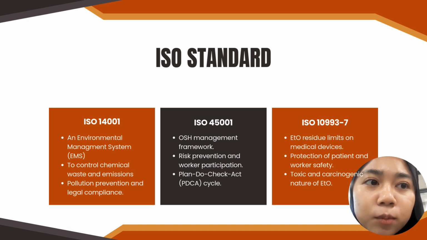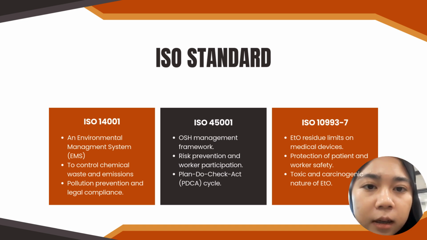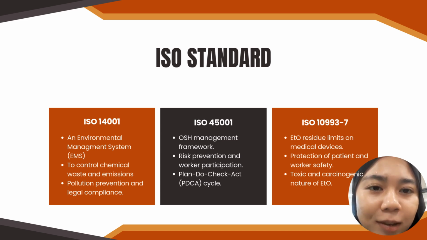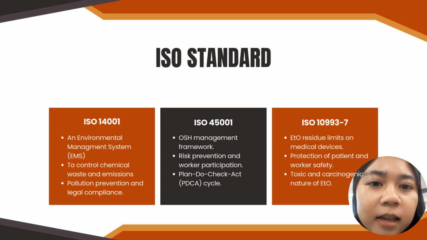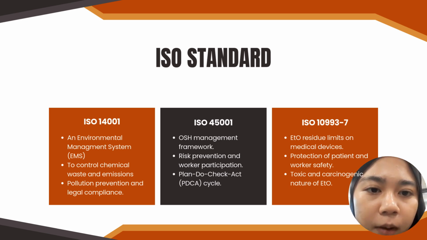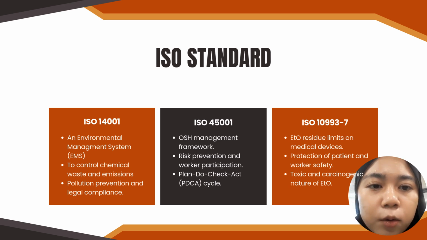Okay, so now let's move to the ISO standards. So first is ISO 14001, which is an international standard that provides a framework for establishing an environmental management system. At BBRAUN, ISO 14001 is to ensure that environmental aspects such as chemical waste disposal, ethylene oxide emissions, and wastewater discharge are properly controlled.